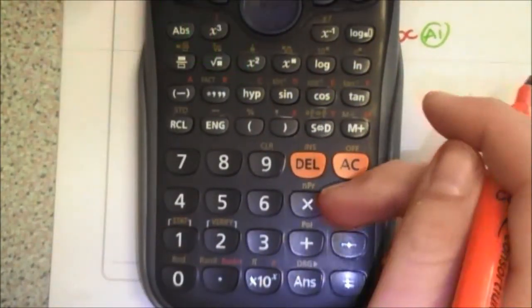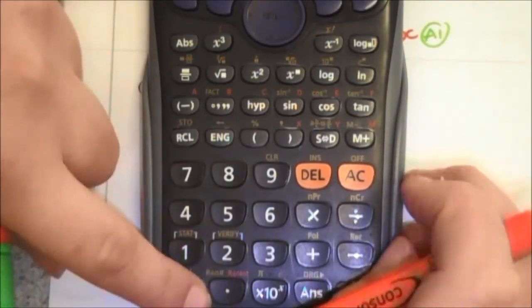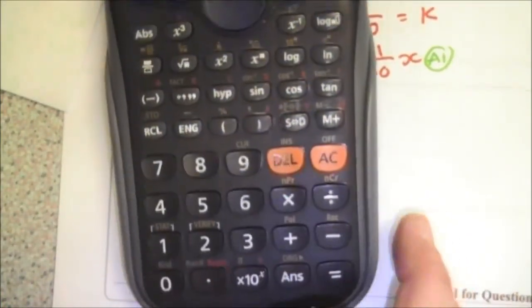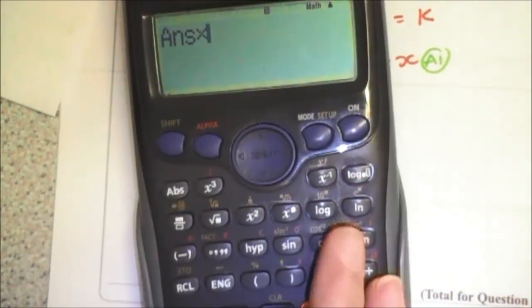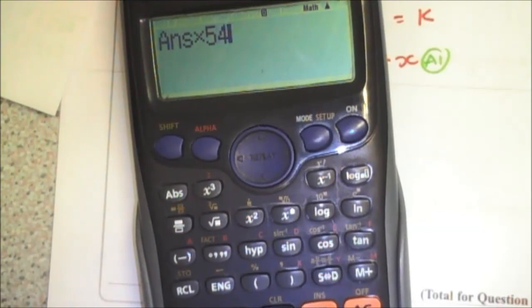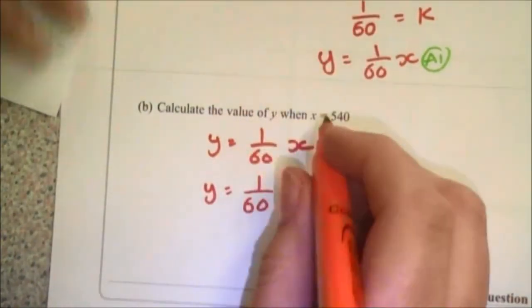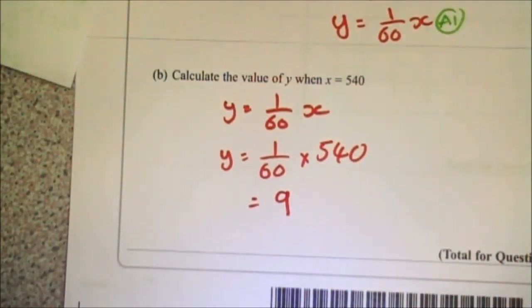If I haven't, then I can just put in 1 divided by 60 equals. So I've got 1/60th back on my calculator. Then I just press times and type in 540 equals 9. So y is equal to 9. It's only a 1 mark question, so it's either right or wrong.